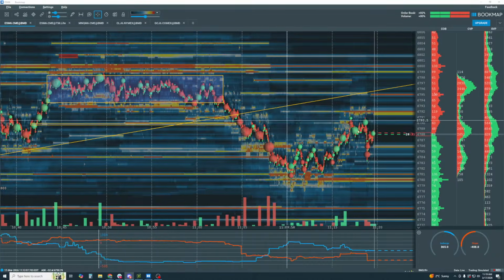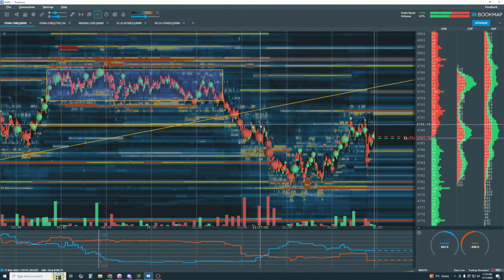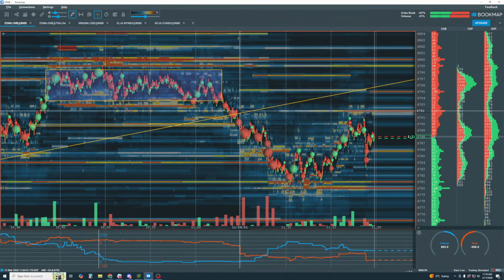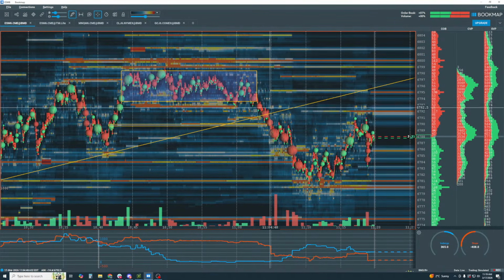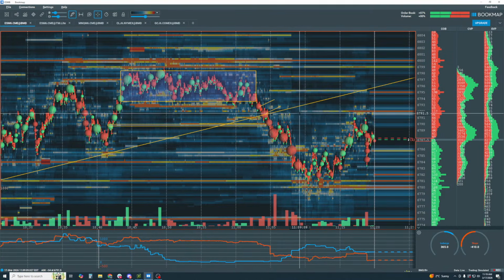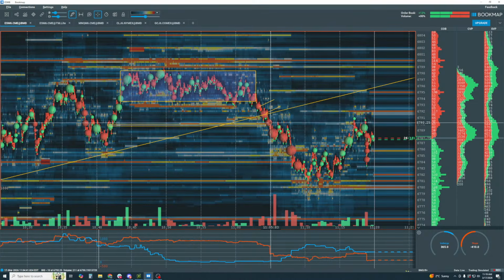Let's suppose, hypothetically, you guys were involved in this trade in here, and entry was someplace in here, either here or here, or here.